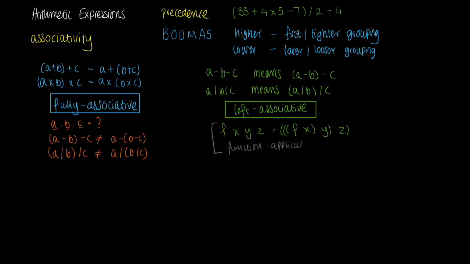And powers, or orders, are different as well. Sometimes powers are written with a caret, and so A caret B is equal to A times by itself, B times.